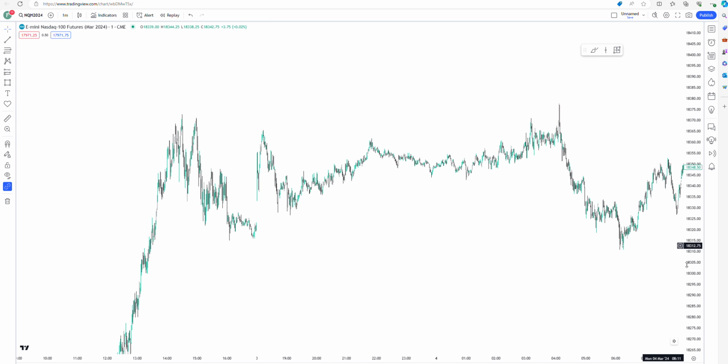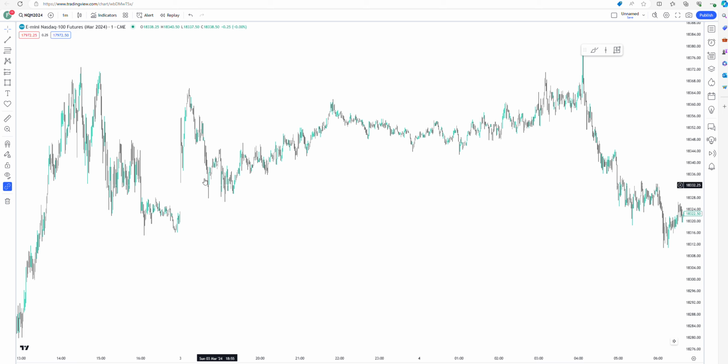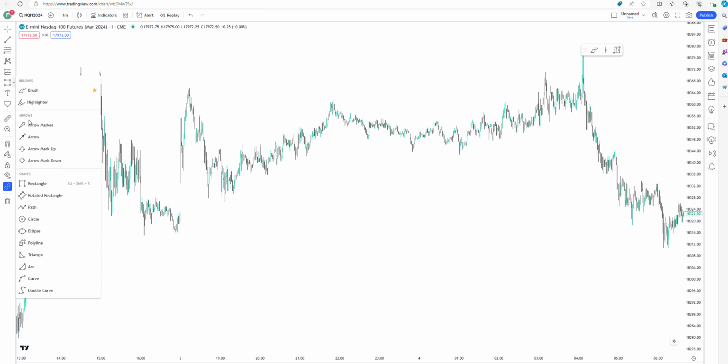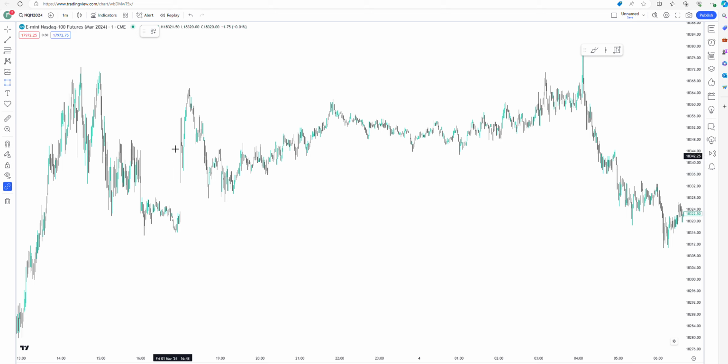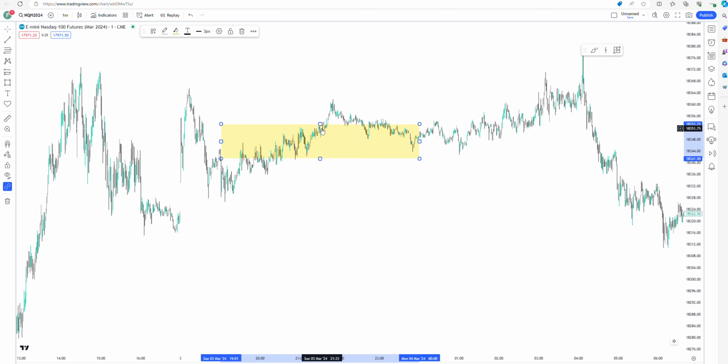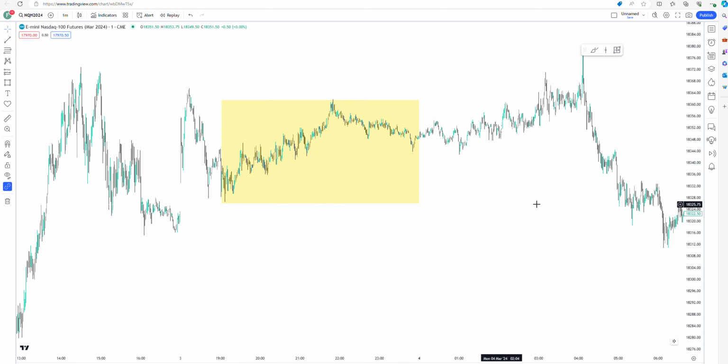Let's have a look. So let's get the Asian model up now. 7 o'clock, all the way till 12, right? Which is roughly maybe somewhere out here. We look at the high, we look at the low. Similar thing here, guys.